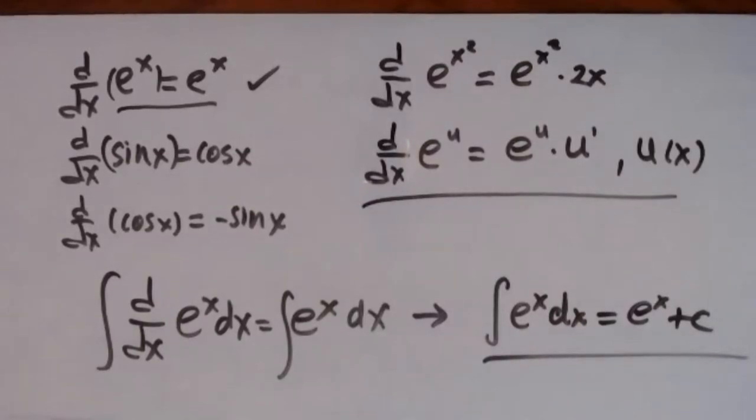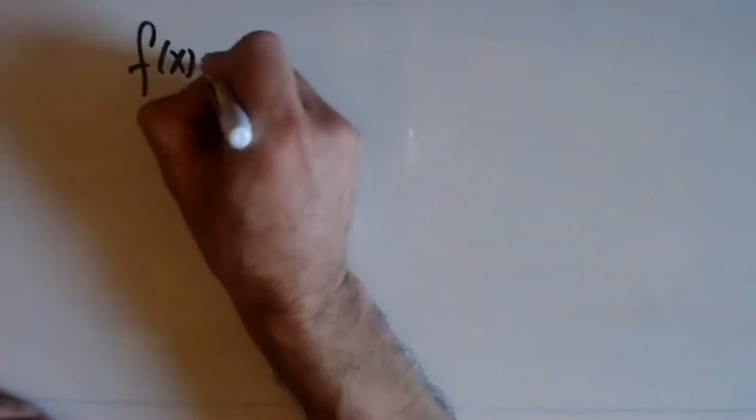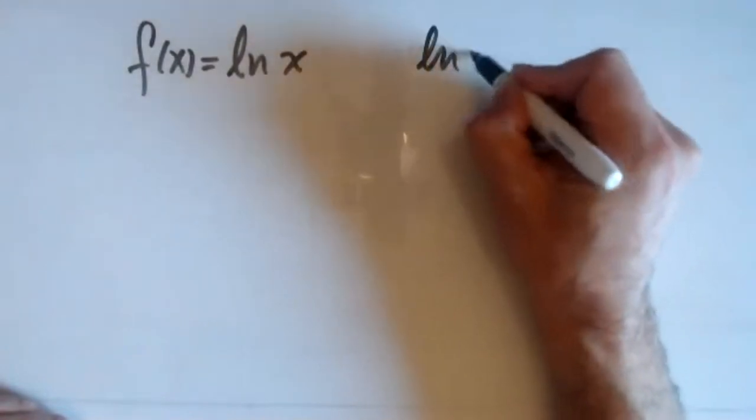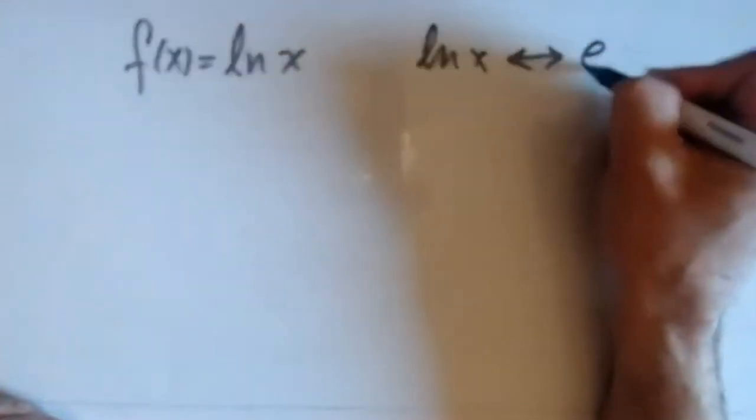Now what I'm going to do is switch to the natural log. Okay, so for the natural log, let me just erase this part here. So the function f of x equals the natural log of x. As you know, ln is the inverse of e to the x.